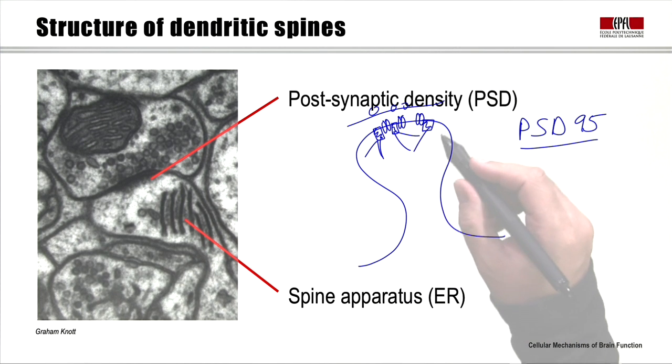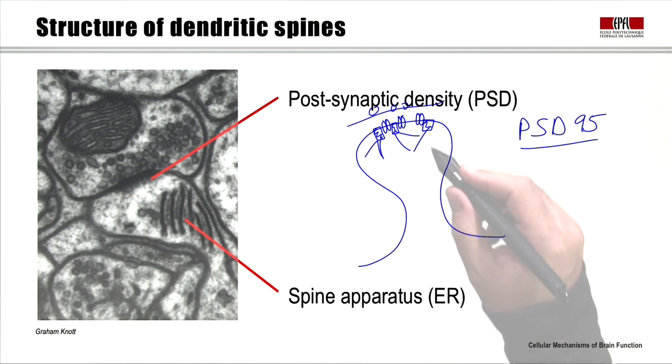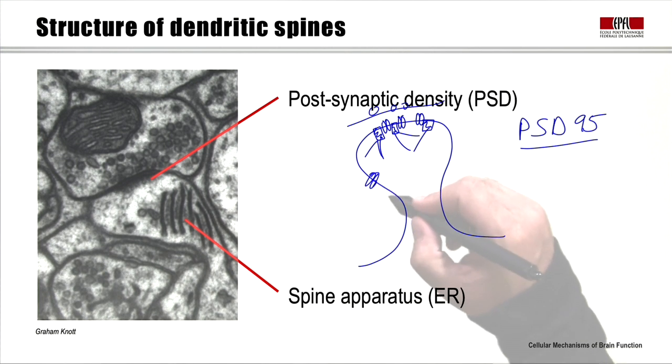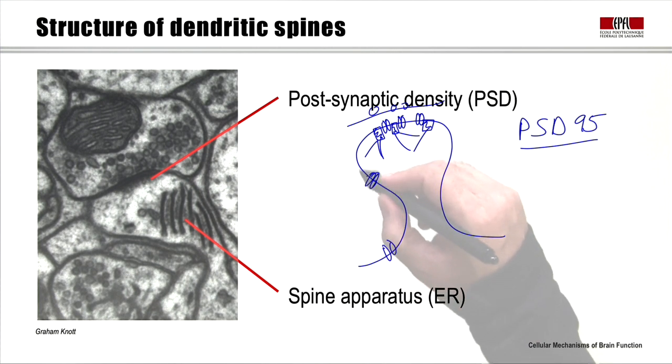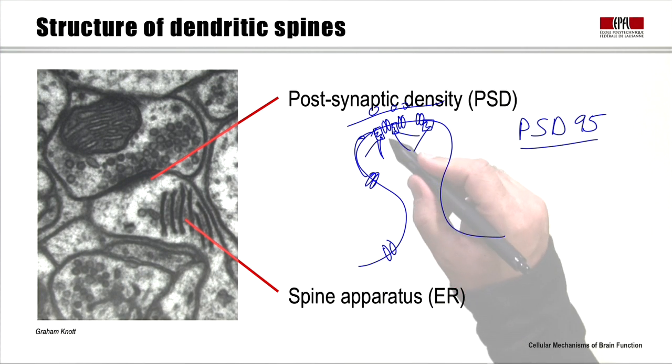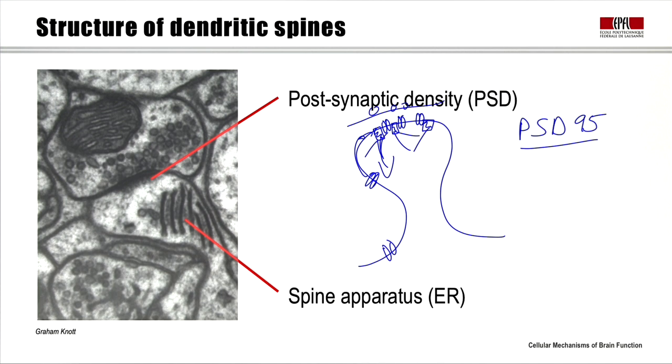These molecules are, of course, also involved in signaling cascades. We've just heard in the last lesson about the process of synaptic plasticity, where we need to be able to recruit receptors that are diffusing on the plasma membrane into the synapse if it's going to be a long-term potentiation, or we need to be able to get rid of these receptors if it's a question of long-term depression.